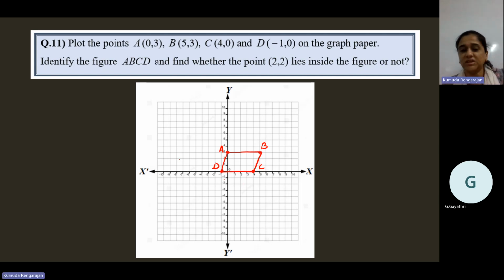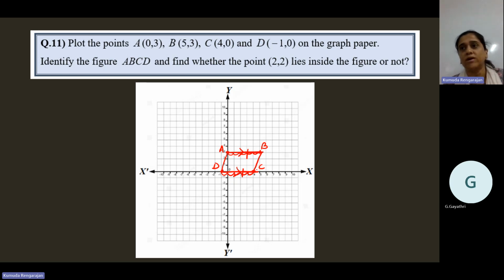Okay, let's just check the length of the opposite sides. 1, 2, 3, 4, 5. 1, 2, 3, 4, 5, right? So one pair of opposite sides, they are parallel and they're also equal. See, this one and this one, they are parallel to one another and they're also equal.